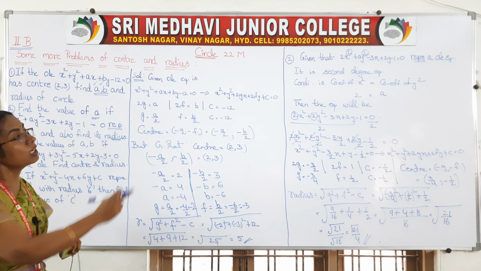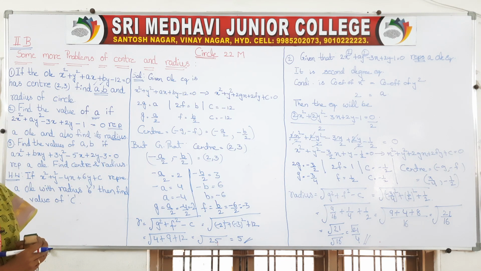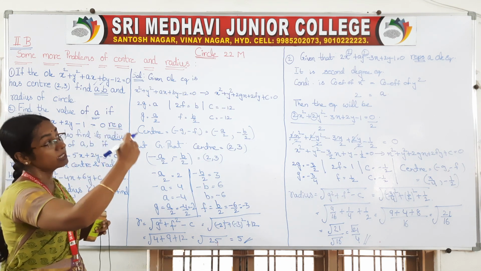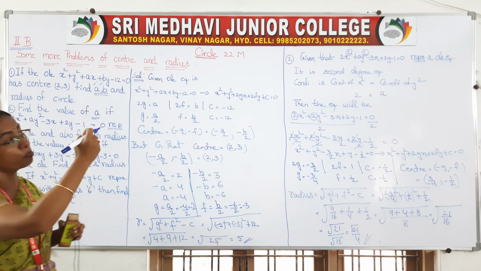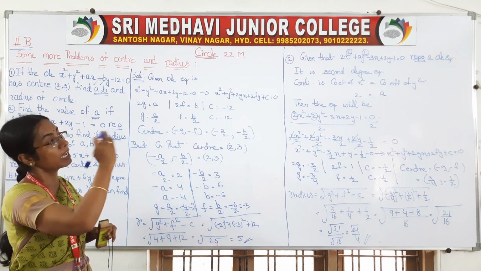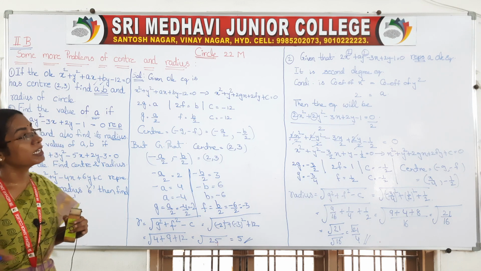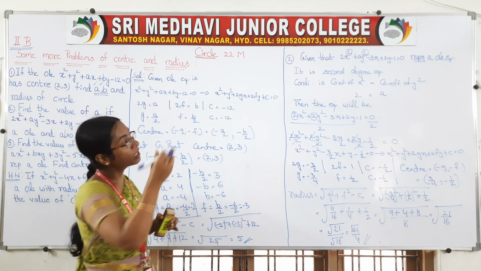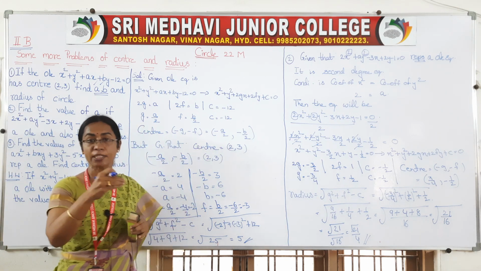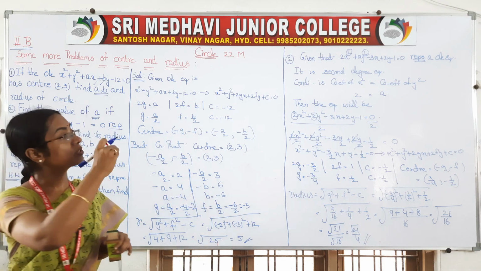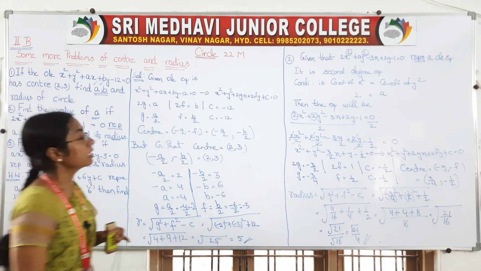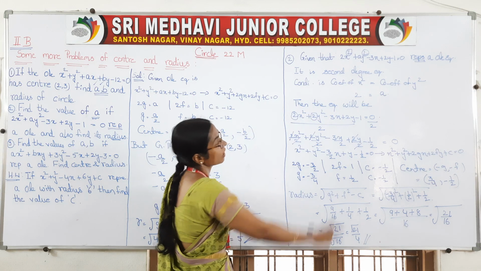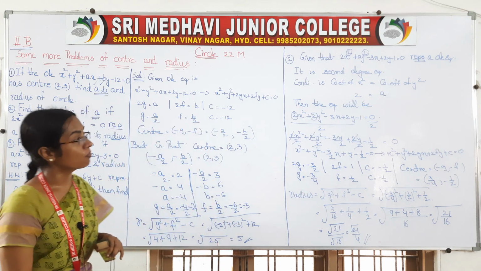So observe, whenever it is a second degree equation, to represent a circle it has to satisfy one condition. That condition is the coefficient of x square is equal to the coefficient of y square.